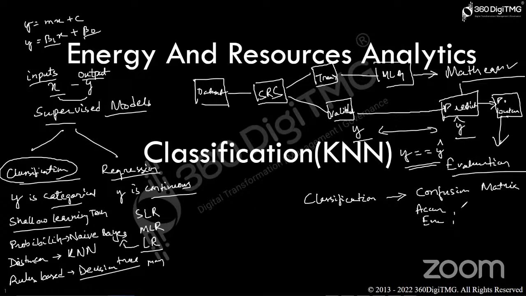We can also find something known as recall, which is also known as sensitivity, specificity, and many more things. So these are all evaluation metrics for classification.